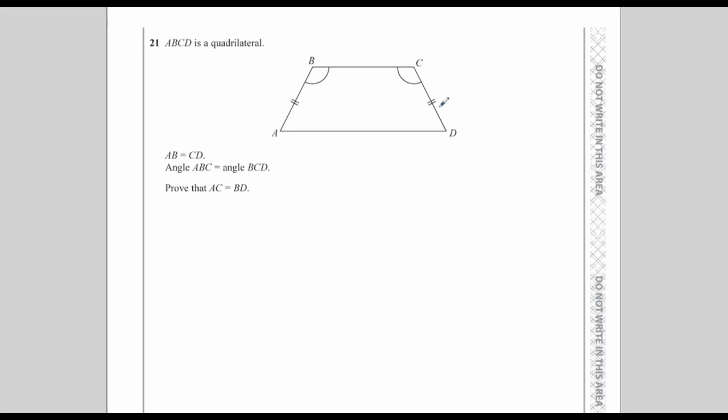ABCD is a quadrilateral. AB equals CD, as shown by these lines. Angle ABC, here, equals angle BCD, here. So they're the same. Prove that AC equals BD.